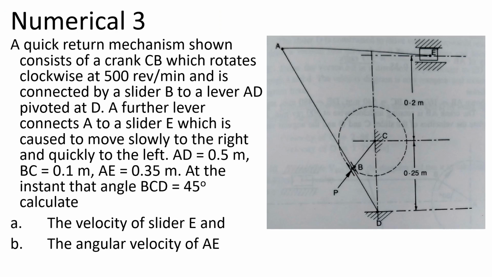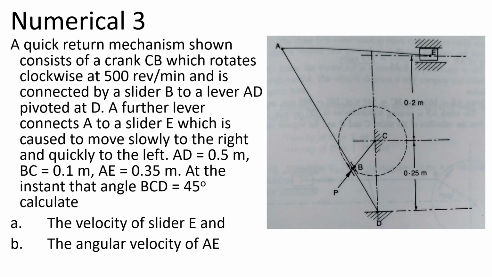Numerical 3. A quick return mechanism shown in this figure consists of a crank CB which rotates clockwise at 500 revolutions per minute and is connected by a slider B to a lever AD pivoted at D. A further lever connects A to a slider E which is caused to move slowly to the right and quickly to the left.